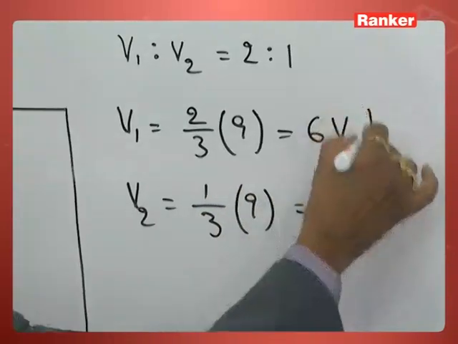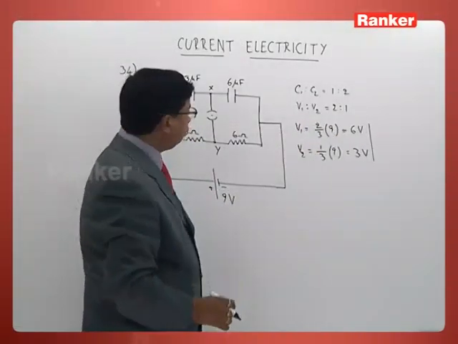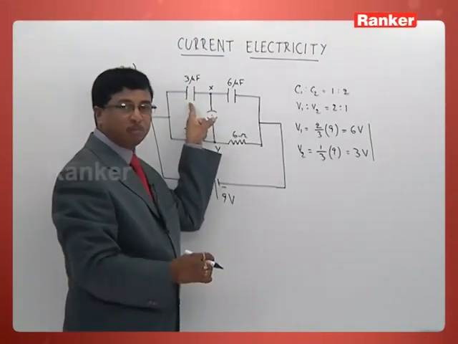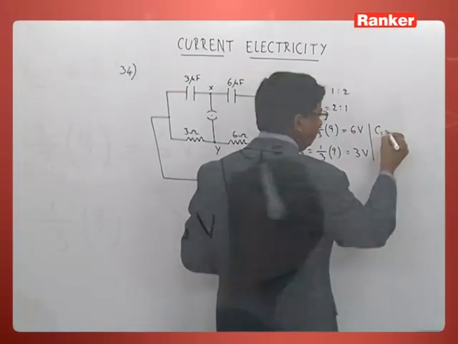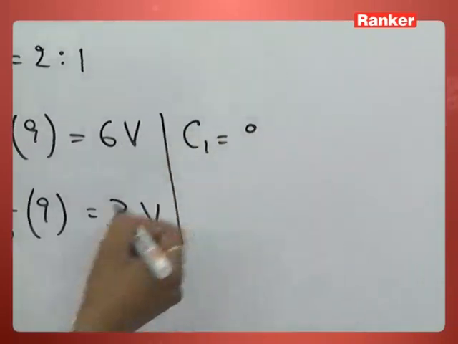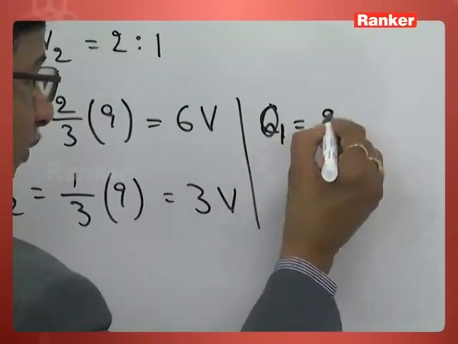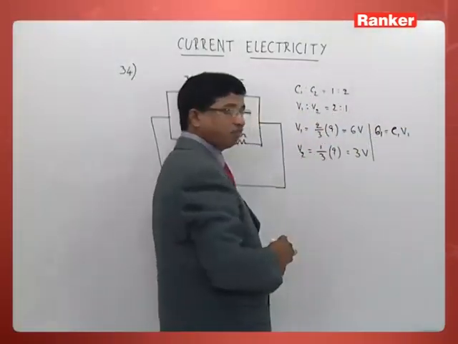Then according to this particular pair of values, what would be the charge on the first capacitor? Q1 is equal to C1 V1 I can take.